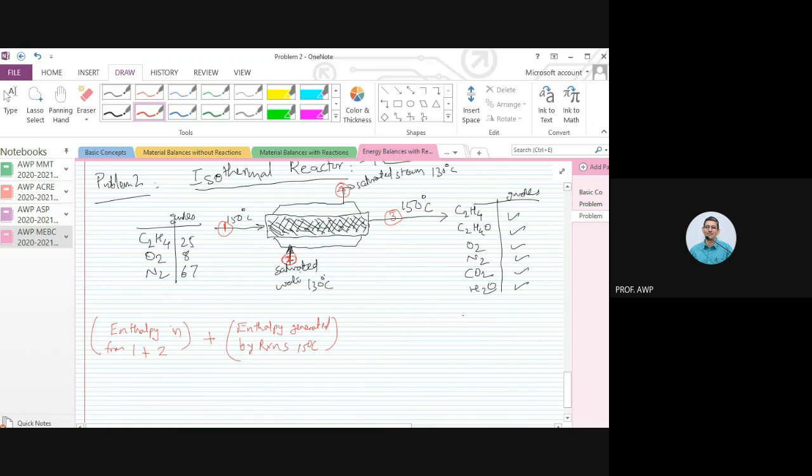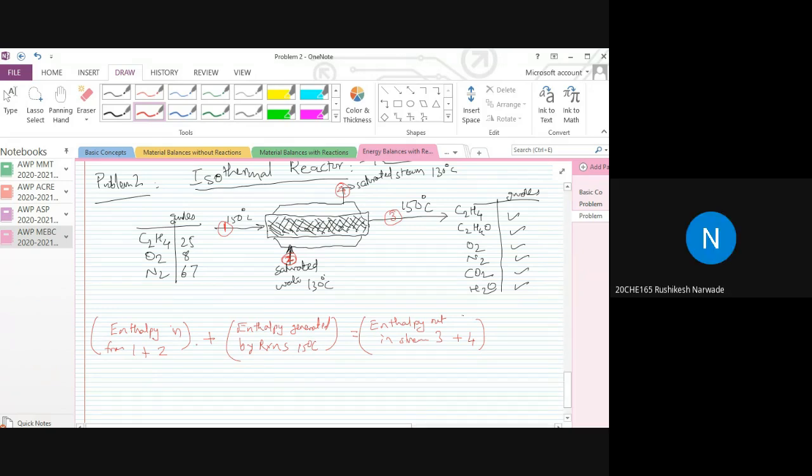Everywhere inside temperature is 150 degrees centigrade. That's how we are removing the heat. This must be equal to enthalpy going out in stream 3 and stream 4. Do you agree with this enthalpy balance? Yes, sir. Okay.